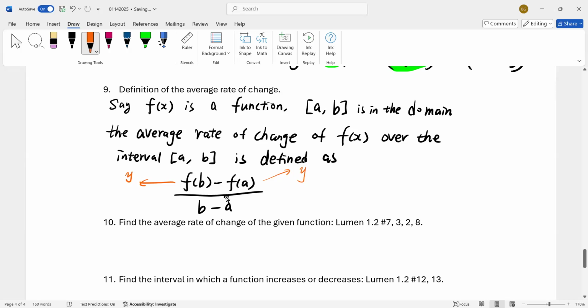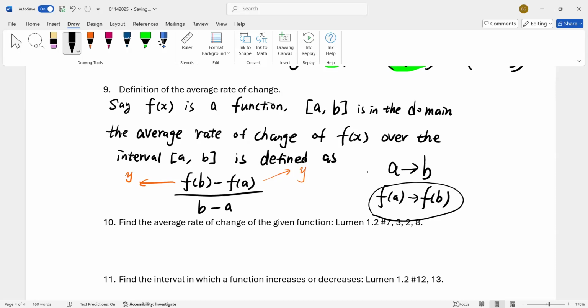So when the input changes values from a to b, the output correspondingly changes from f of a to f of b, right? So they want to know the average rate of change of the output f. You just need to use the difference between f of a and f of b divided by the difference between a and b.